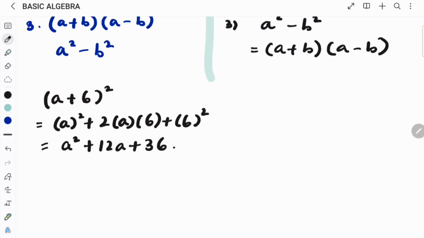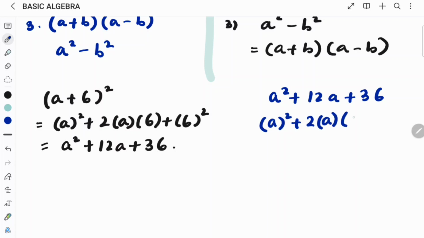The same thing, if (a plus 6) whole square is in the question and you are getting a square plus 12a plus 36, you can do it by breaking the middle term also. Otherwise, with the help of the identity, you know that this is your a square and this 36 is 6 square.